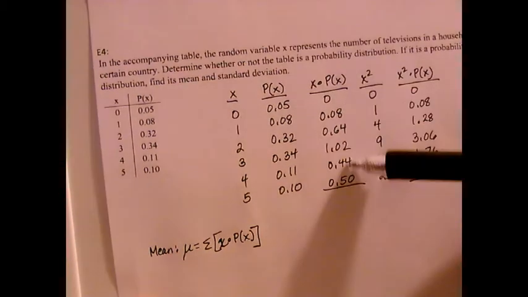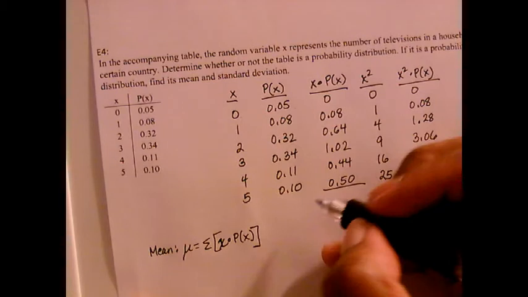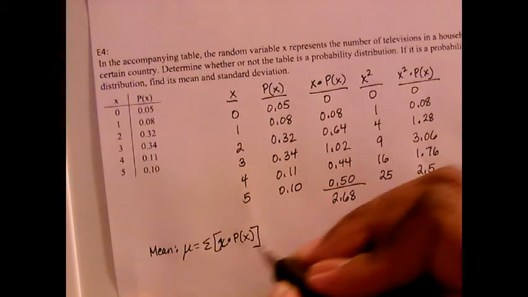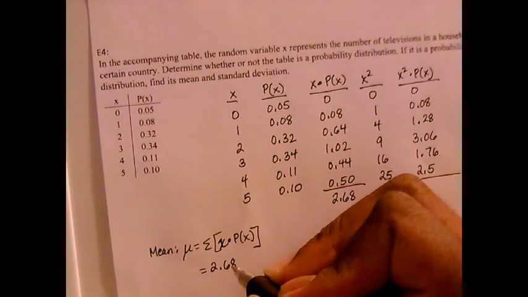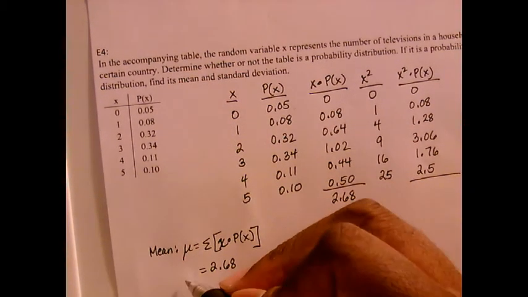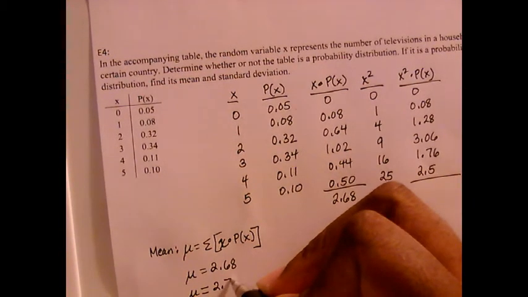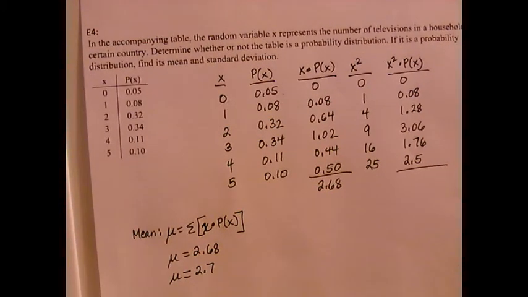We add up x times p of x, that's this column right here. That will tell me what the mean is. So if I add this up, I'm going to get 2.68. So that mean will simply be 2.68. And if we round this off to one decimal place, it'll be 2.7. So the mean for this probability distribution will be 2.7.